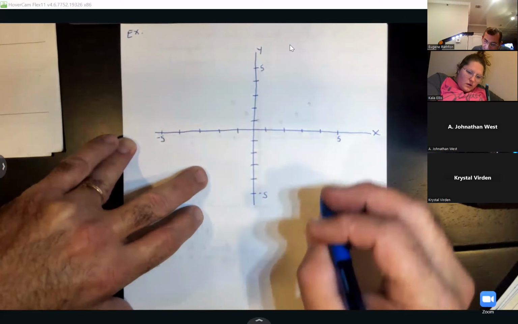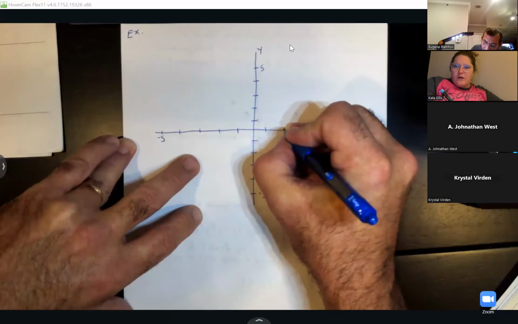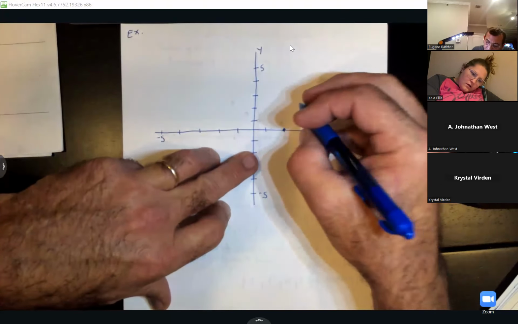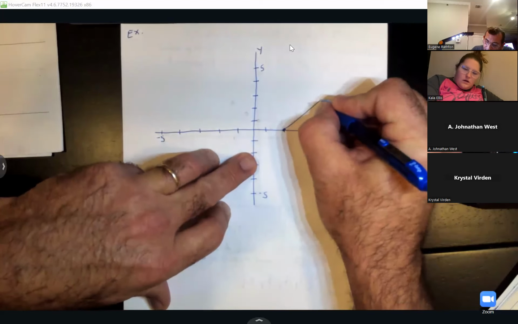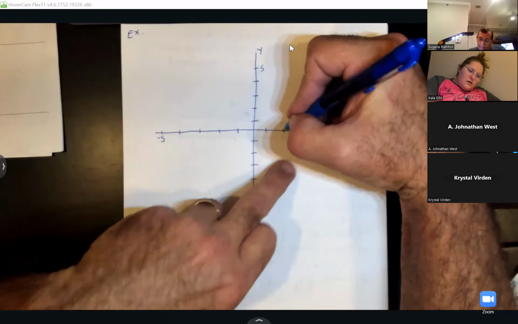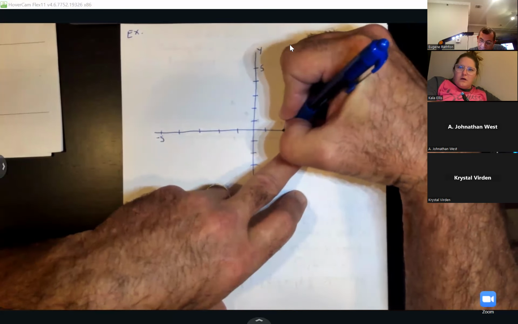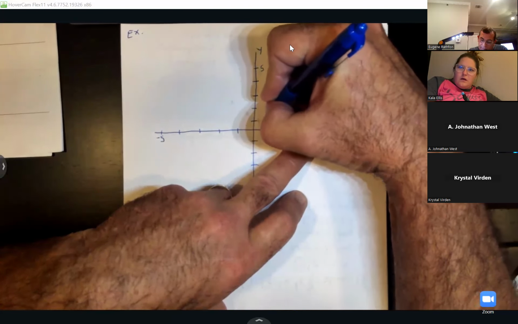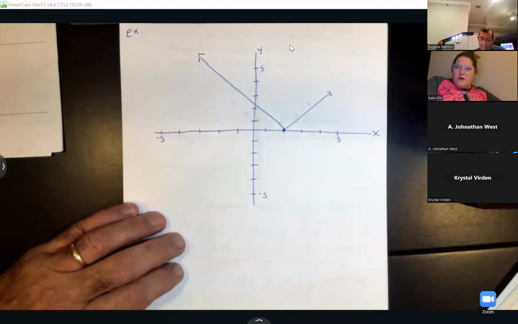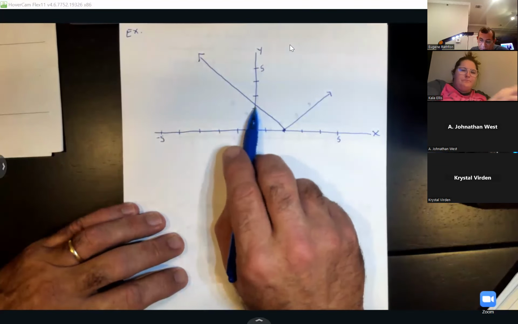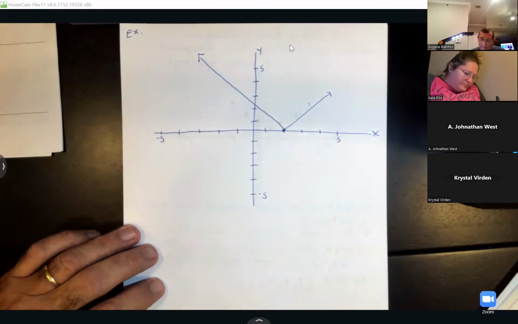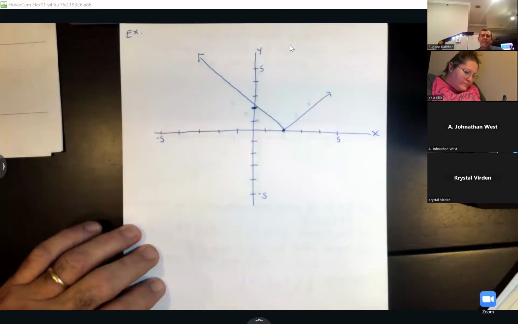So the V of my line is going to be right here at 2 on the x-axis. And it's going to go up to the right. And then it goes off to the left. I'm trying to get it sort of close to the 2 on the y. Mine's a little messed up.